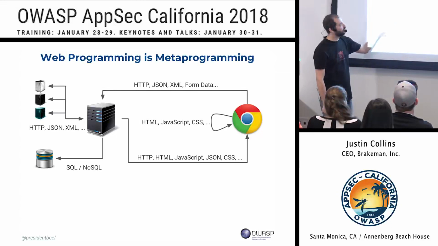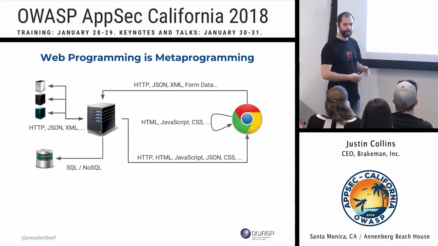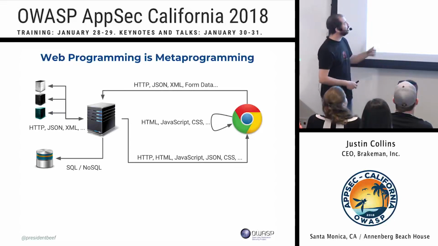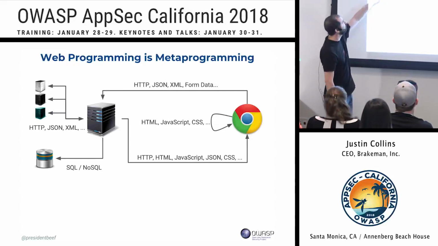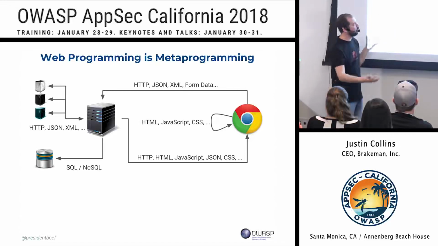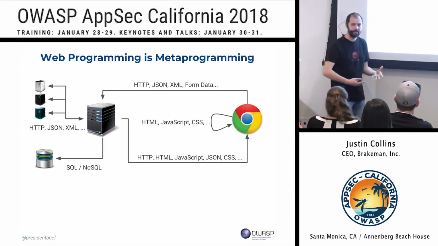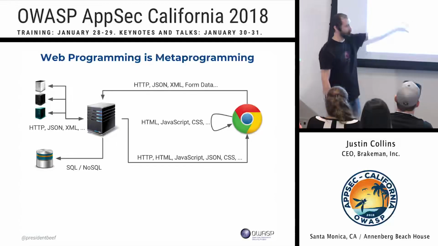Maybe some JSON, some XML, form data, query parameters, all of that's coming in. And maybe it's talking to some backend microservices, maybe it's talking to a database. And then from all of that, it has to generate something that gets sent back to a browser. It's going to be an HTTP response.